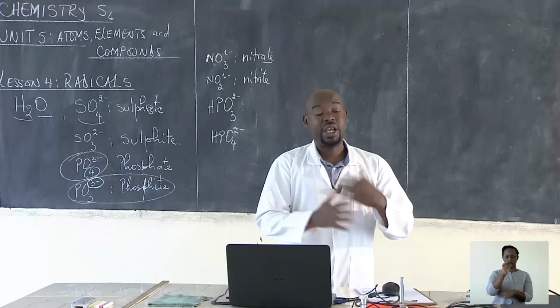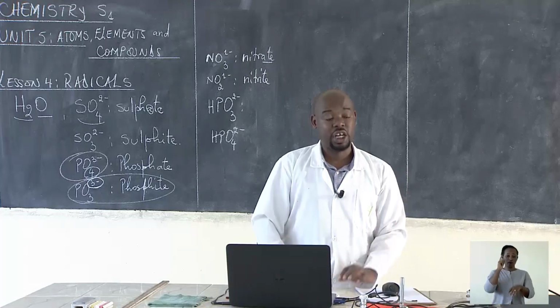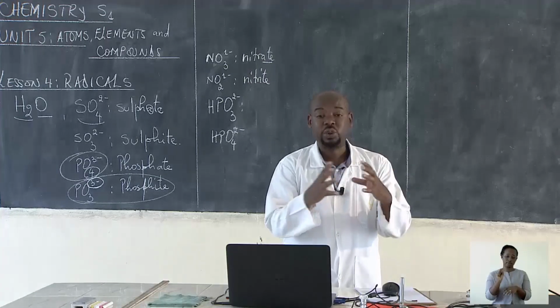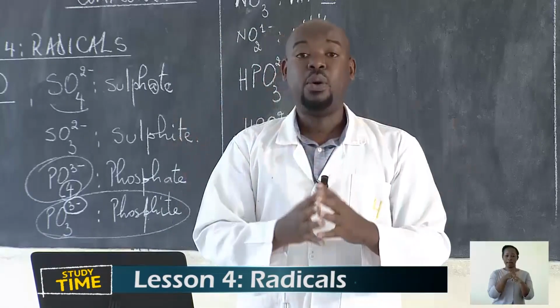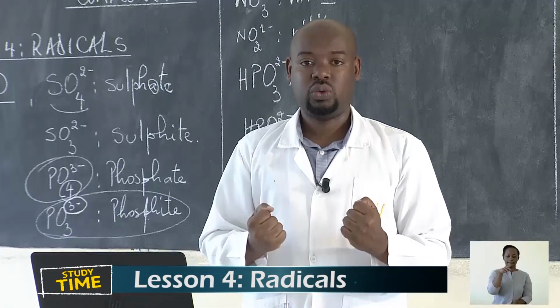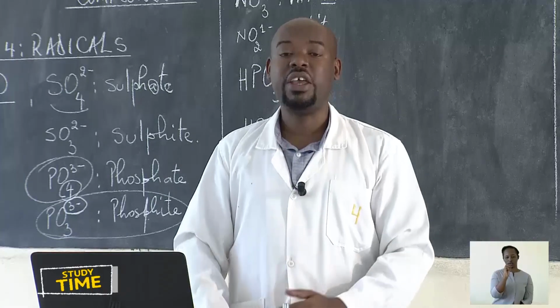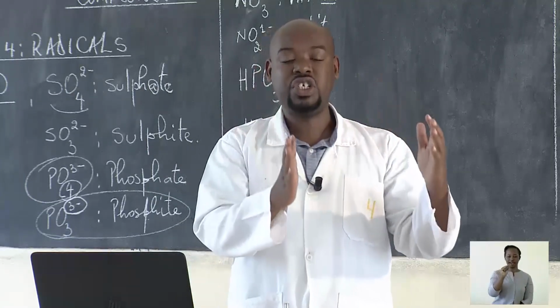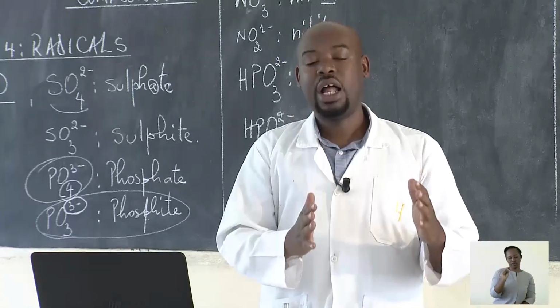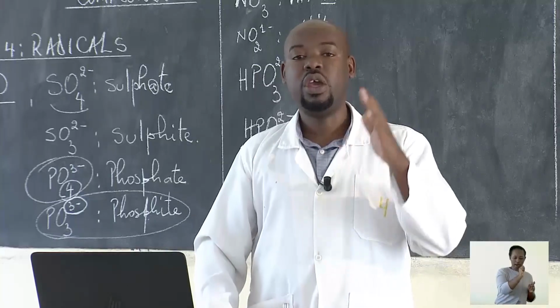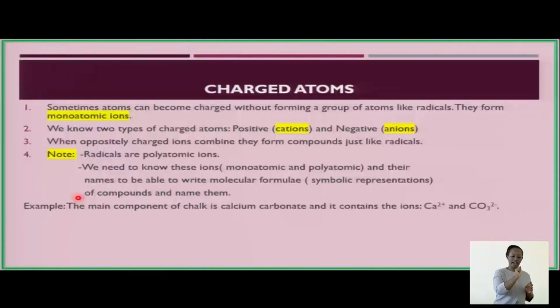When the atoms become negatively charged or positively charged, but do not give us a polyatomic particle, we call those ones ions. And to differentiate them from the radicals, we call them monoatomic ions, and the radicals are called polyatomic ions.